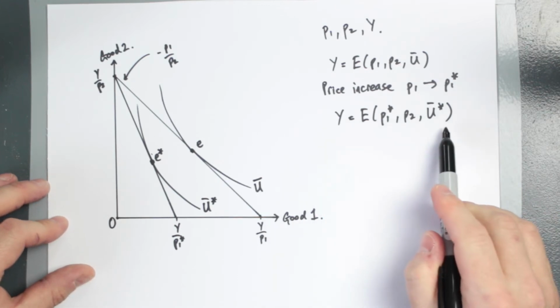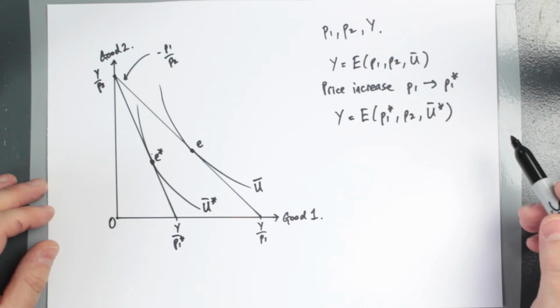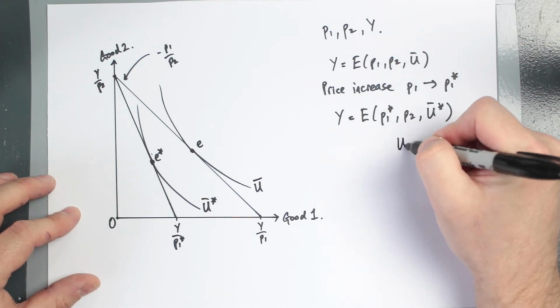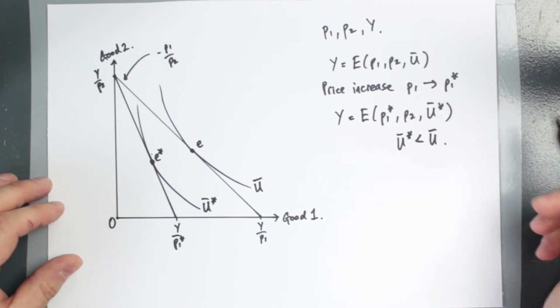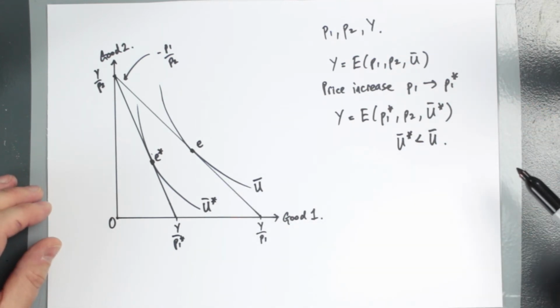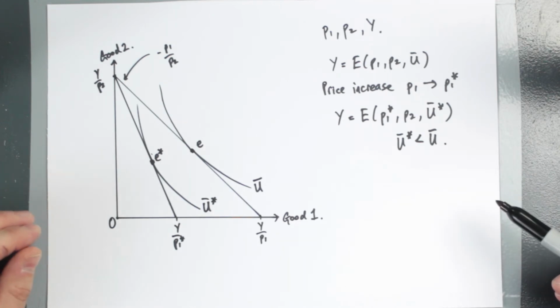Okay, so this is interpreting the diagram in exactly the same way as we interpreted it before. And of course, U bar star is less than U bar. Okay, E star is on a lower indifference curve, which means utility is lower.